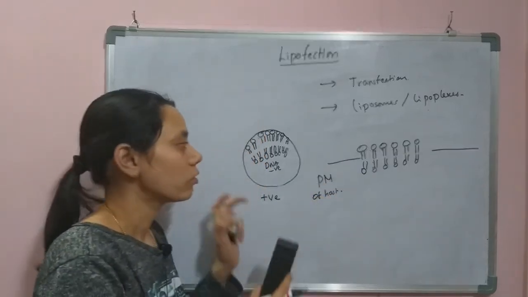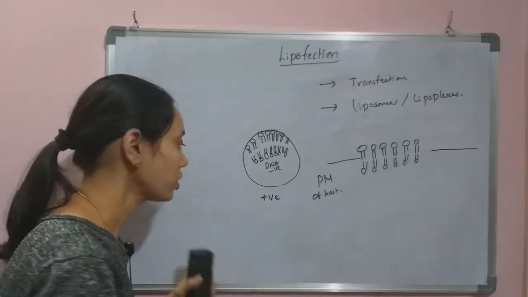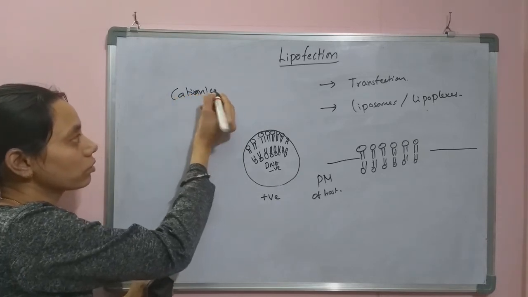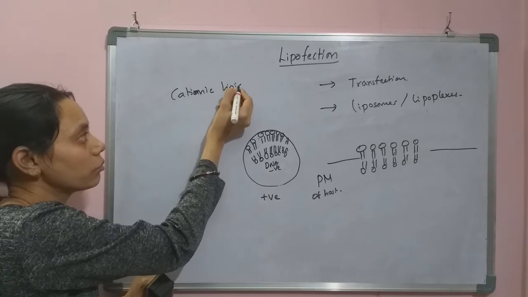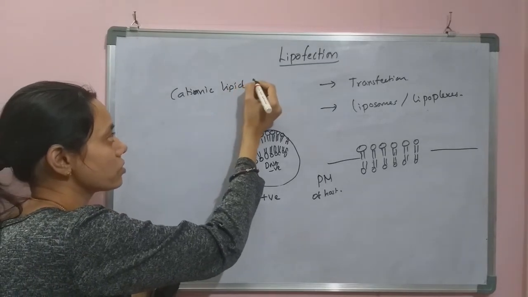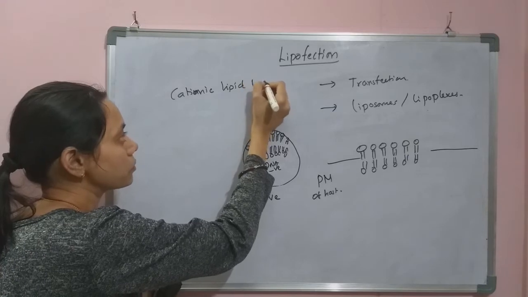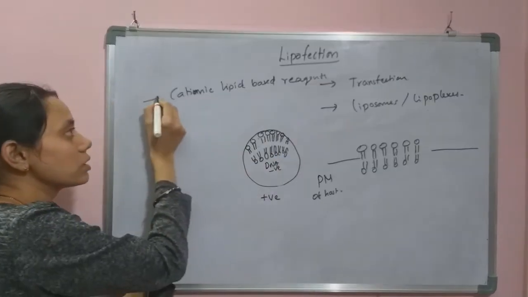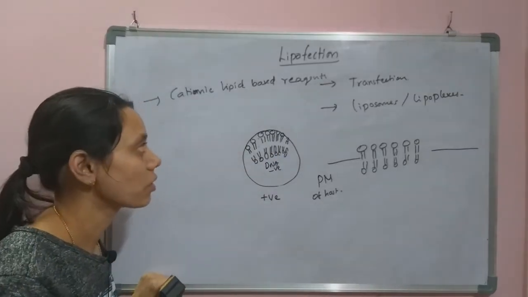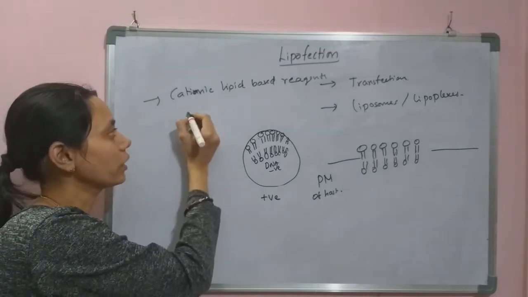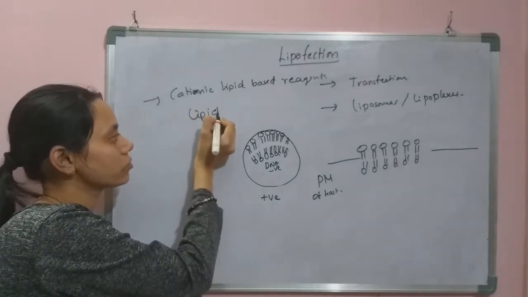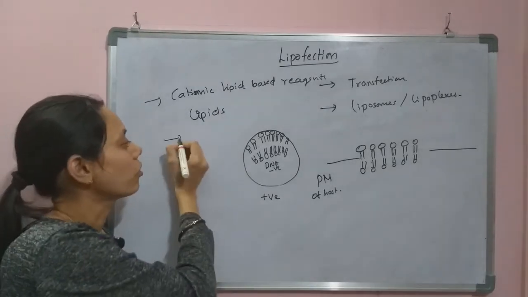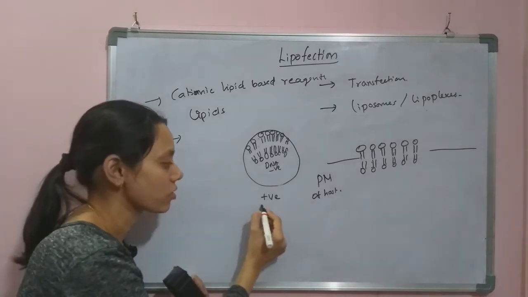In order to produce such vesicles, generally we first need to take cationic lipid based reagents. These reagents are rich in cationic lipids, and when they are treated with water, they spontaneously form these vesicle structures.